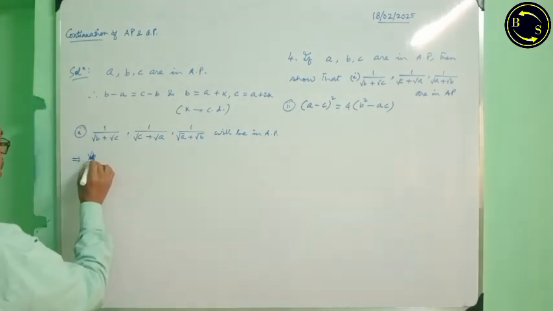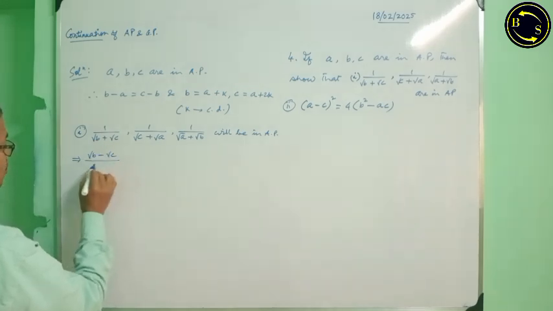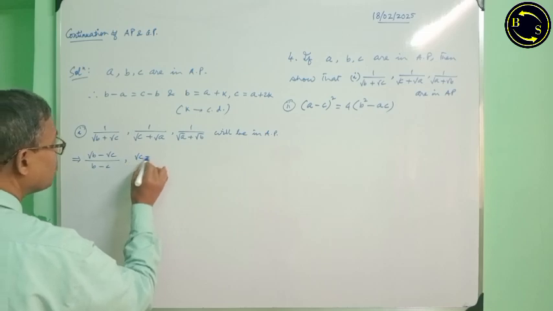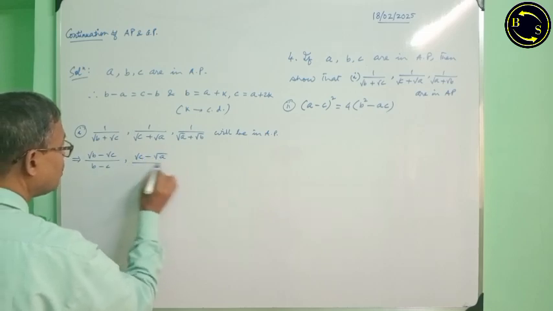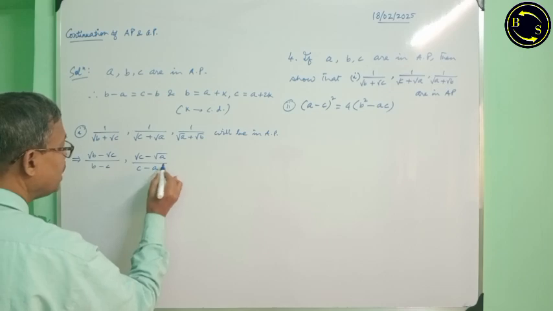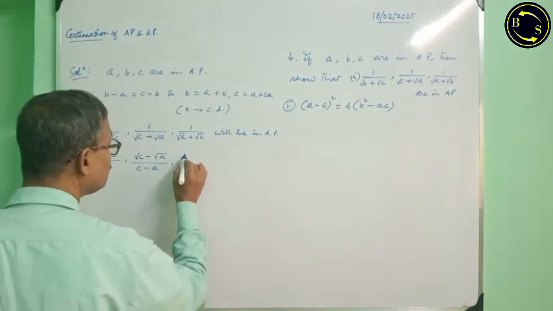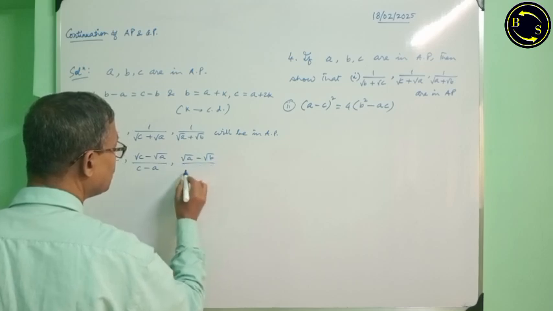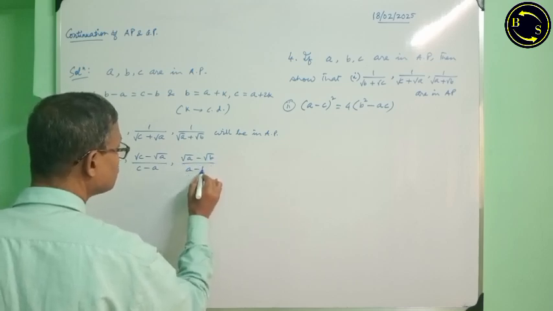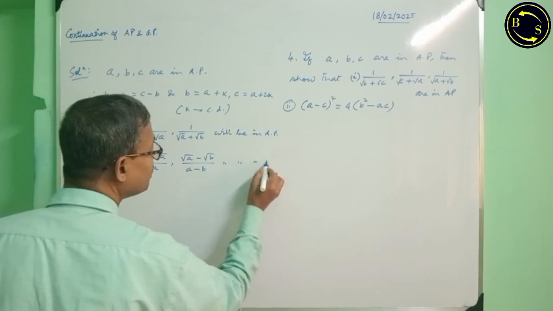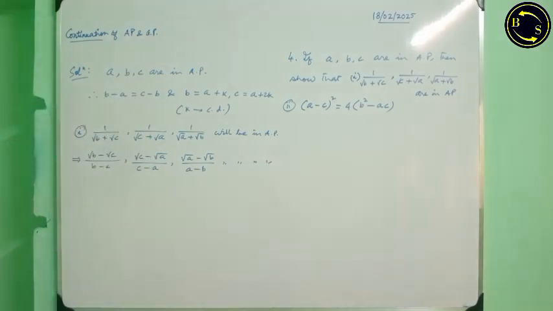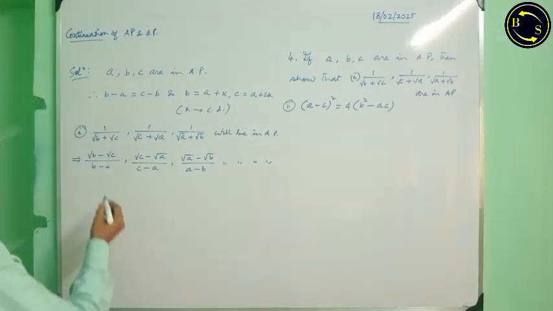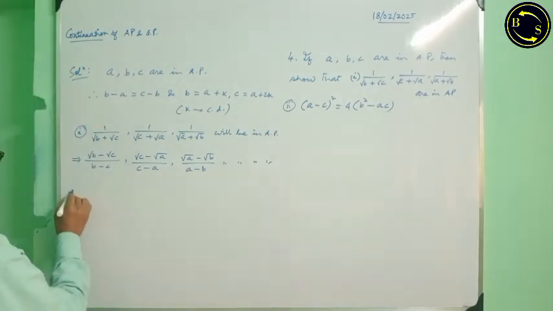That means root B minus root C by B minus C, root C minus root A by C minus A, root A minus root B by A minus B will be in AP. That means we have to show these three will be in AP. For that, we first take the sum of these two.